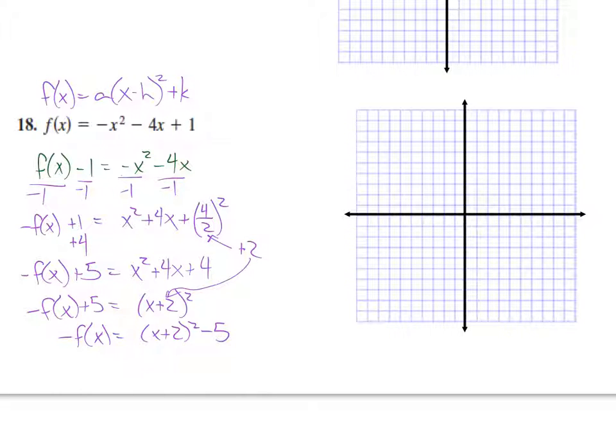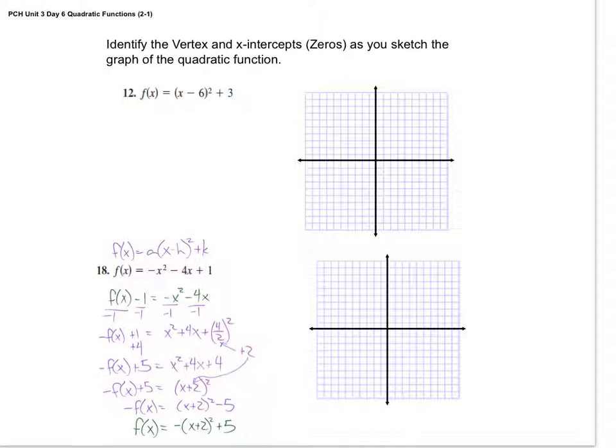However, you cannot leave this as a negative f of x, so multiply everything by negative 1. So we have f of x equals negative, still x plus 2 in the parentheses, the negative is on the outside, plus 5. And now we can sketch it easily using our transformations.